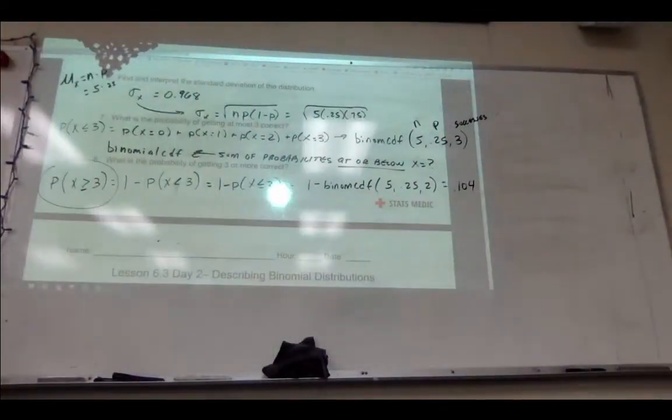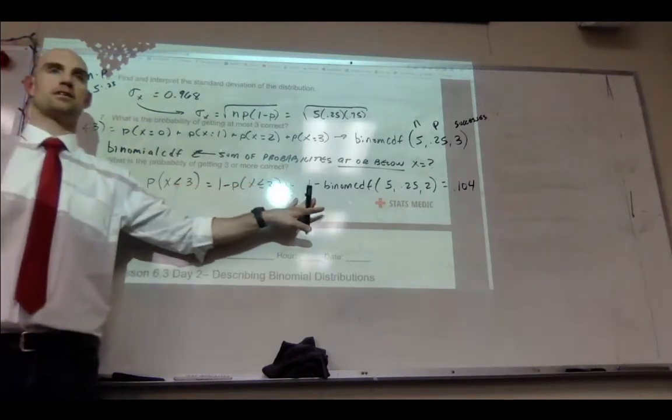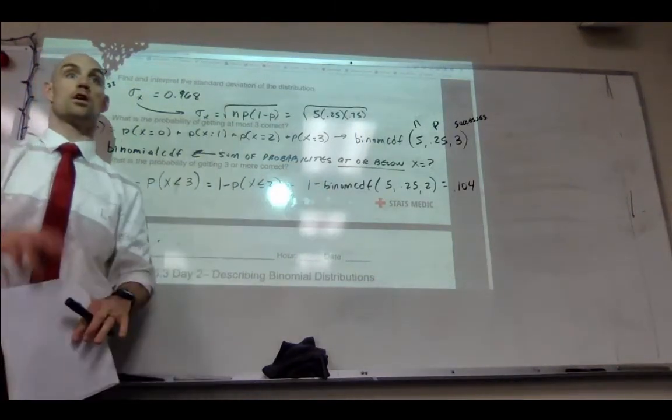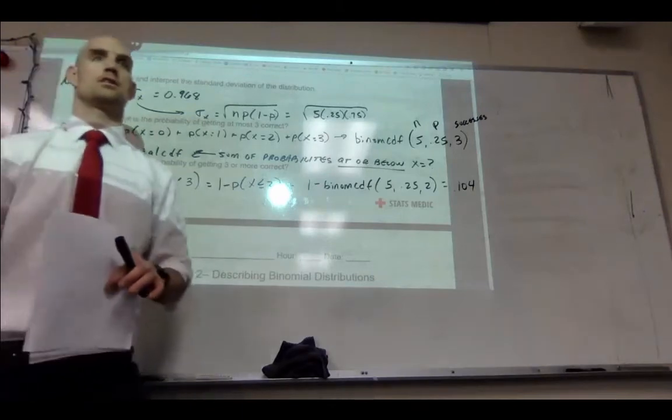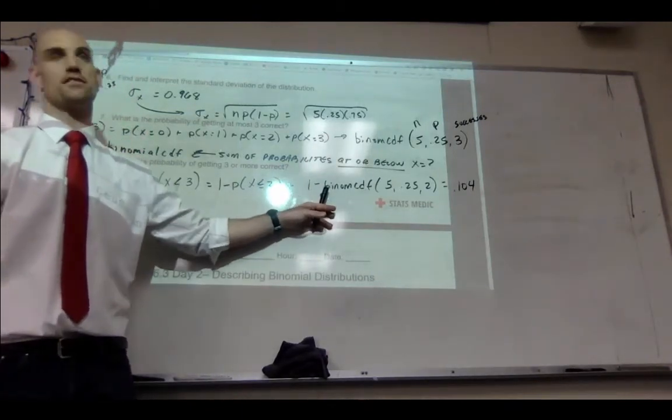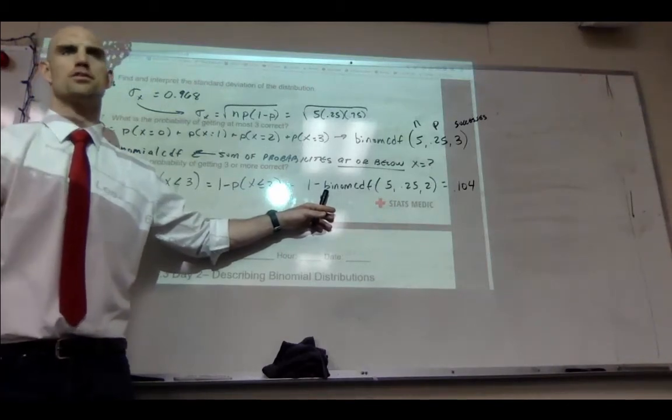So why is it 1 minus? Why is the successes 2 since you can get 3, 4, or 5? Because 100% probability covers everything. And you want to subtract the probability that you get 2, 1, or 0 correct, because you're saying everything that's possible minus the stuff that I don't want. The stuff that I don't care about is if a person got 2, 1, or 0.